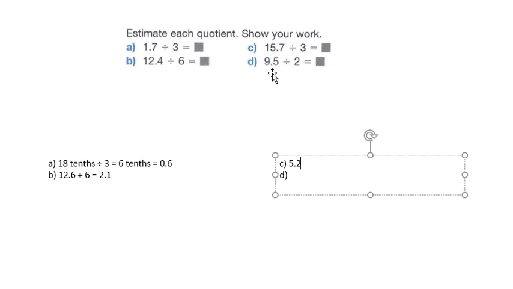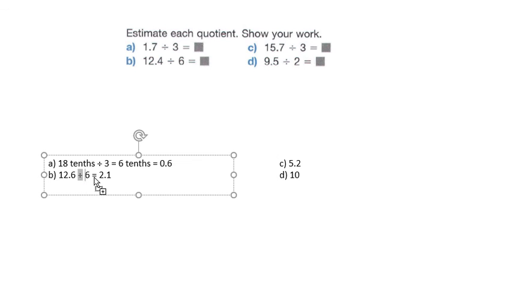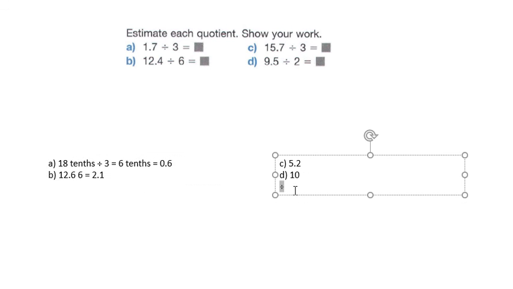And lastly here, the 9.5 divided by 2, I could round this to 10 divided by 2. So that's a pretty rough estimate. We could do that. But what about if I chose a different, closer, friendly number? I could take this, for example, and say 95 tenths, or I could change it to 96 tenths.